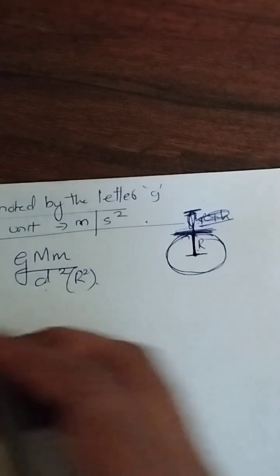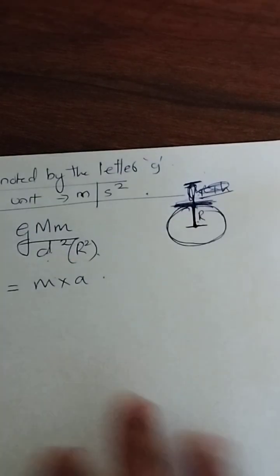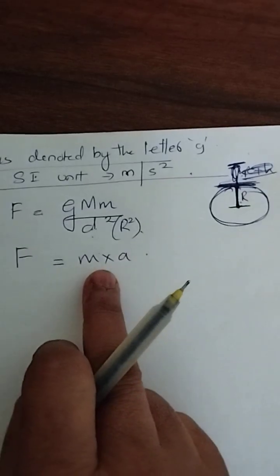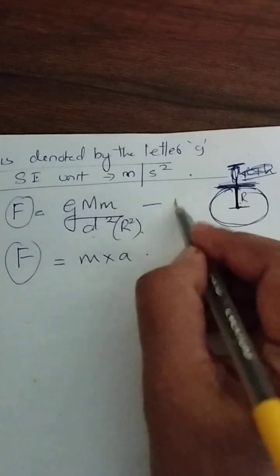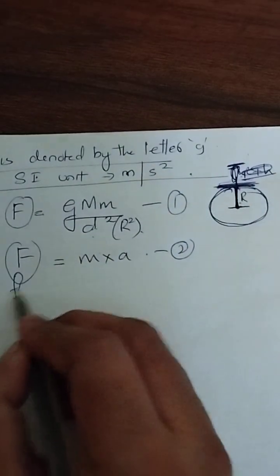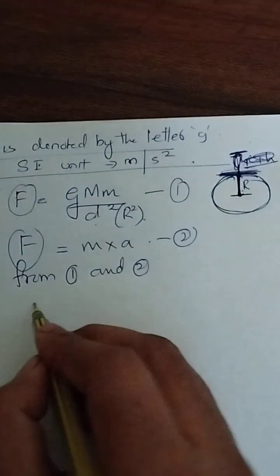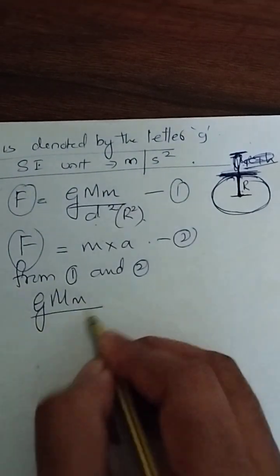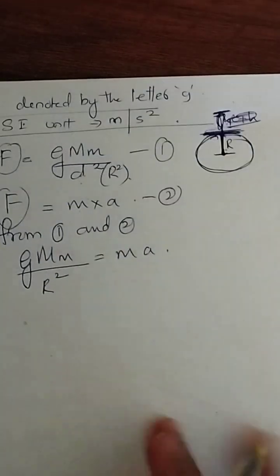Now, from the second law of motion, F is also given as mass into acceleration, isn't it? Force is equal to mass into acceleration. Both are force, correct? So from 1 and 2, both being equal, we write G M m divided by r square is equal to m a.